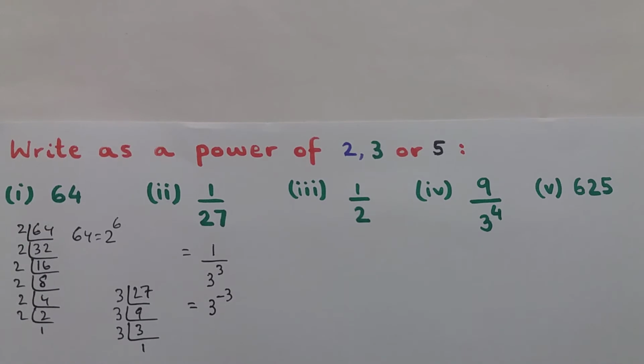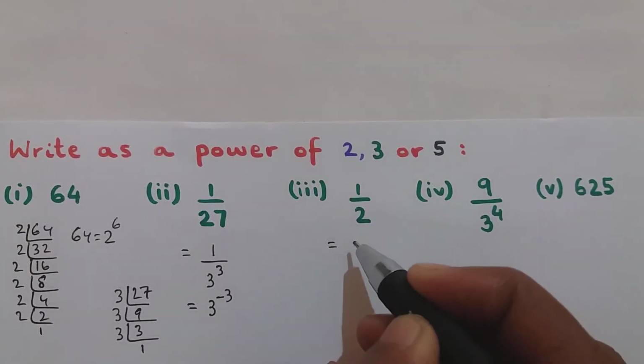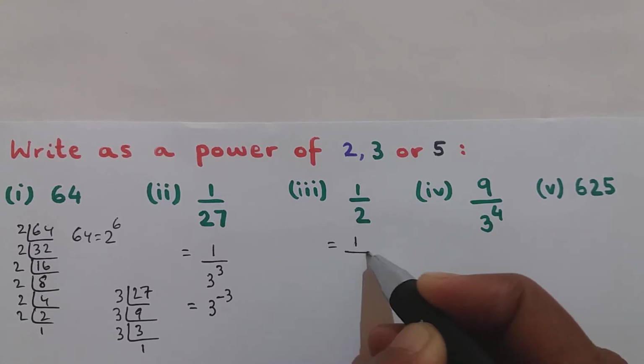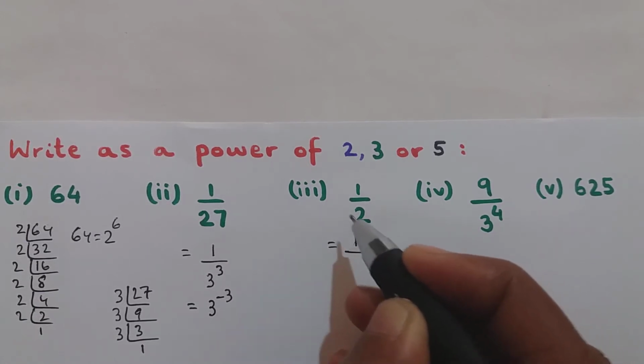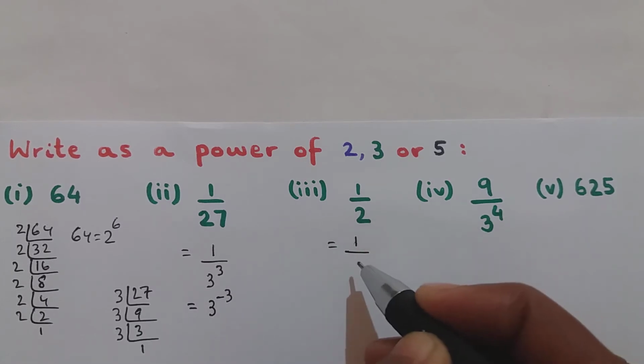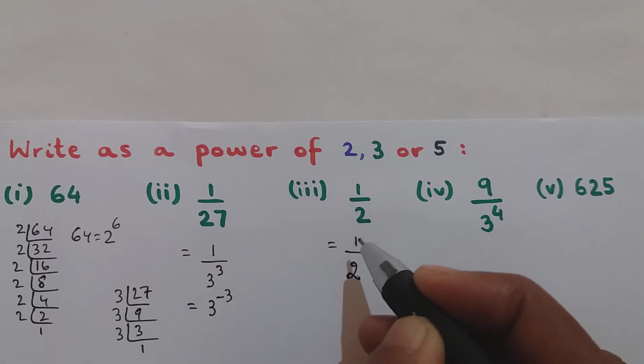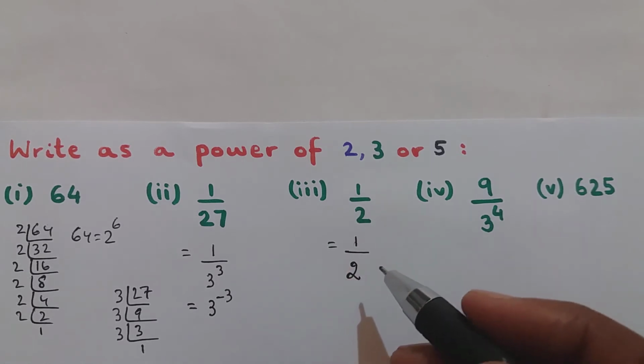So 1 will be as it is, and if you do the prime factorization of 2, it will be 2. So 2 will be as it is. So 1 upon 2 will be 1 upon 2.